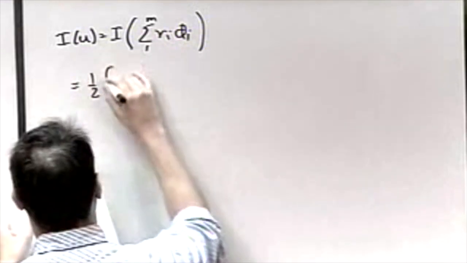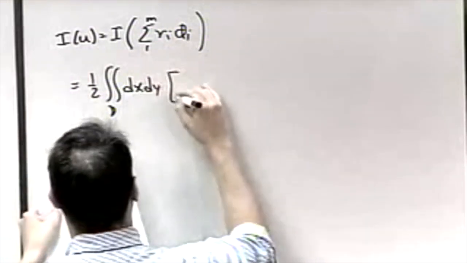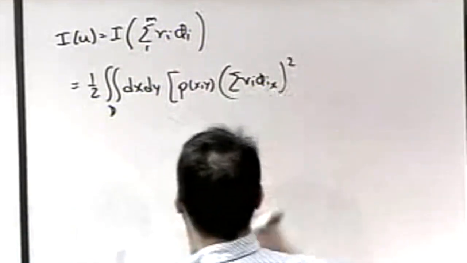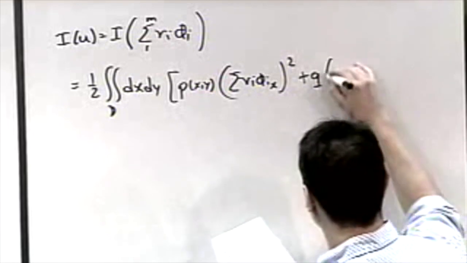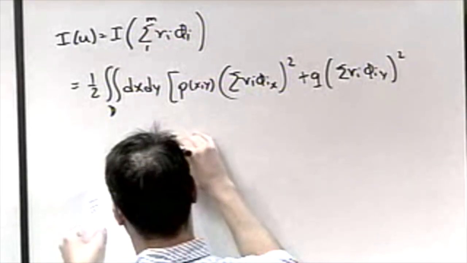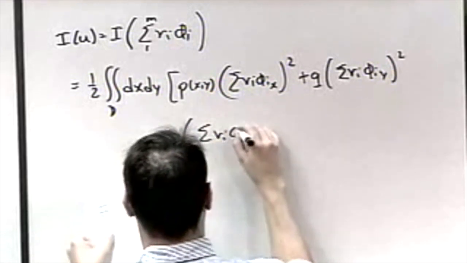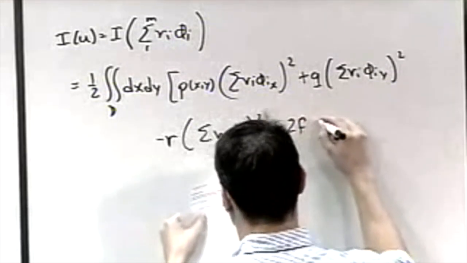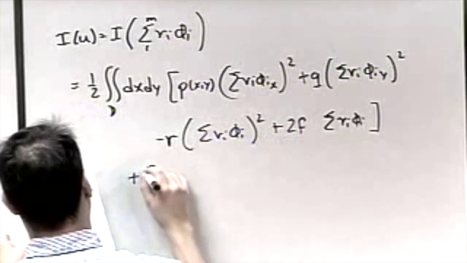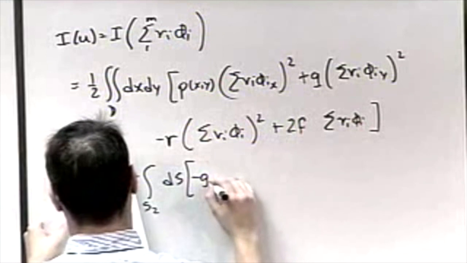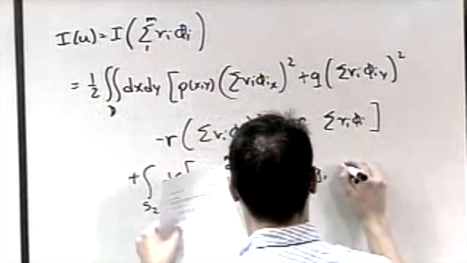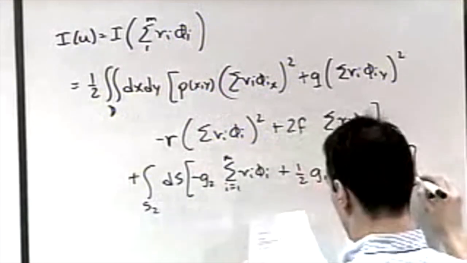Well, you get 1/2, integrate over the area there, P, and then sum, everything squared, plus, I'll drop the XY dependence, Q, squared, minus R, and then this becomes squared plus 2F, like that, plus your boundary terms, there.